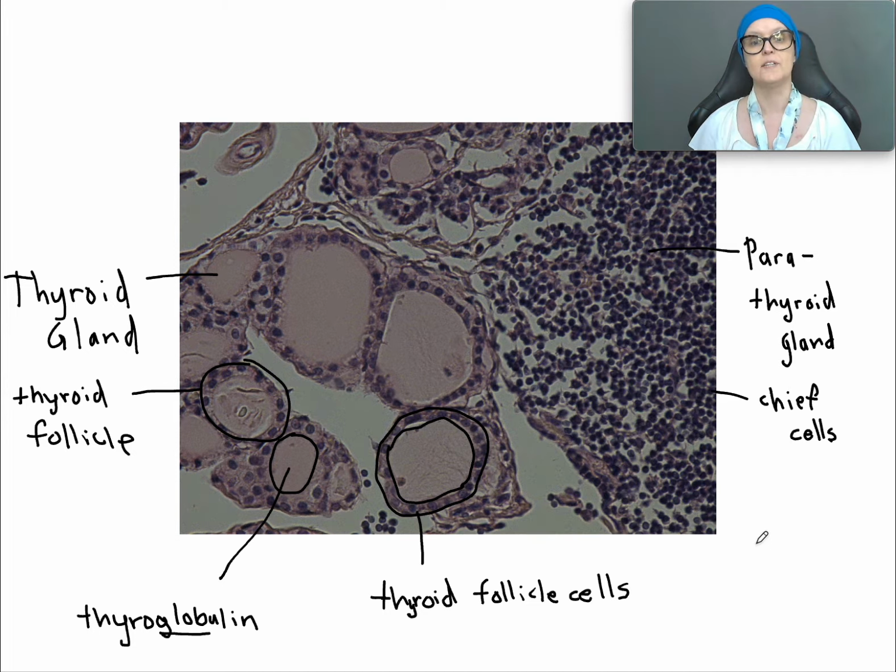Okay, so this is all about the thyroid gland and the parathyroid gland on one slide. There's lots of thyroid where you can't see the parathyroids, so don't be concerned if you see a thyroid without a parathyroid. But they won't ask parathyroid except on a slide where you can also see the thyroid.